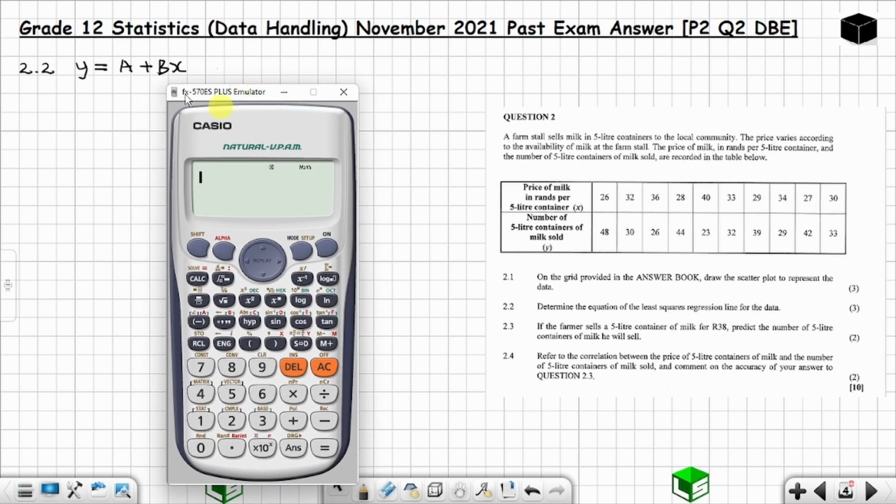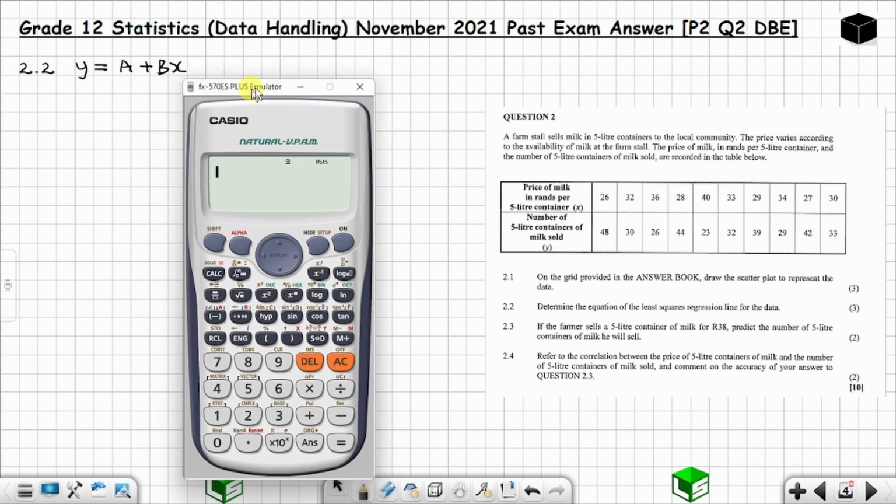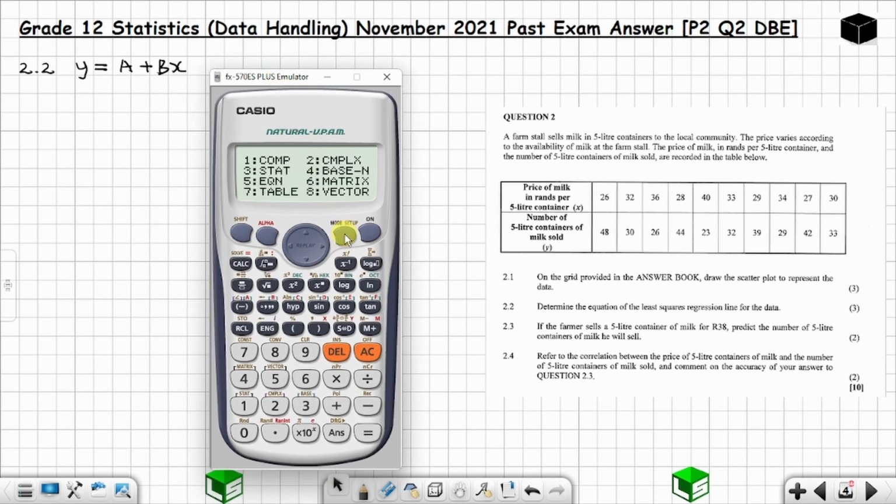To get your A and B, you need to insert the data inside the calculator. How do you do it? You press mode and then you choose stat, which is option 3. And then you choose 2 because you have A plus BX.